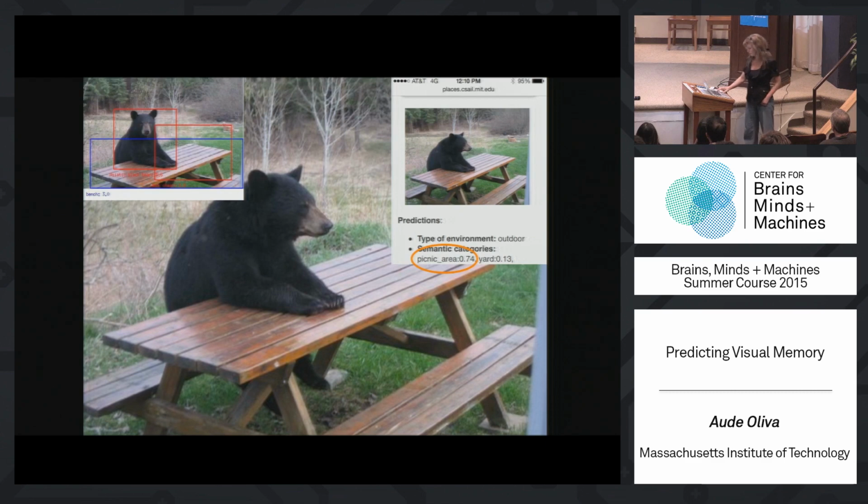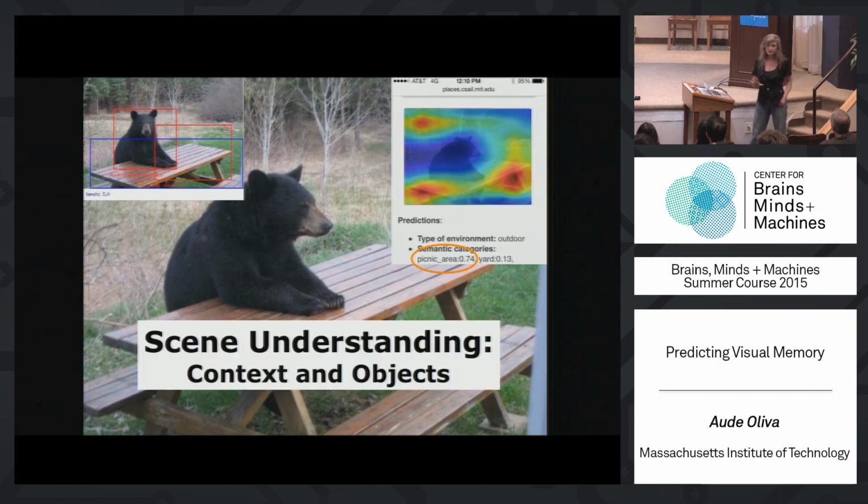So you do need at least two kinds of information in order to reach visual scene understanding. You need the scene and the context. You need to know the place. And you need to know the object.